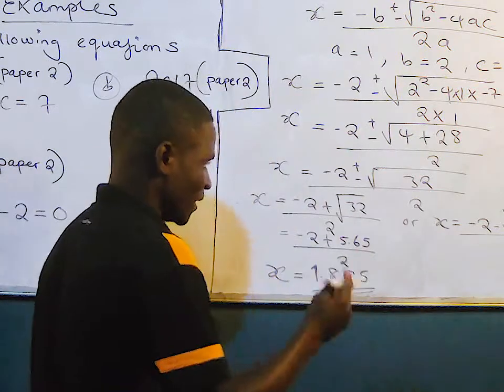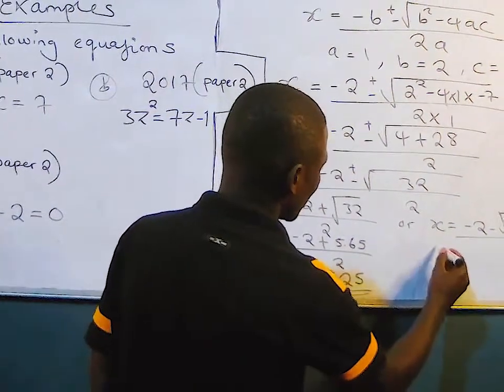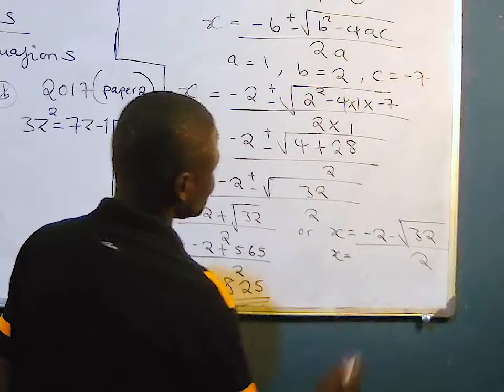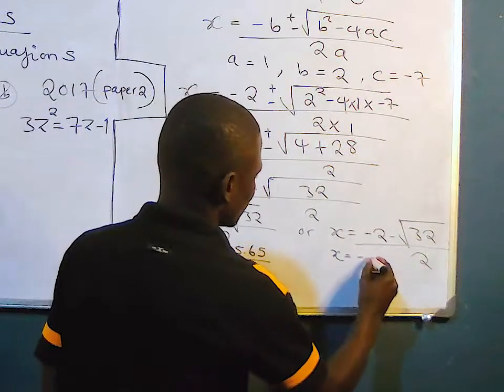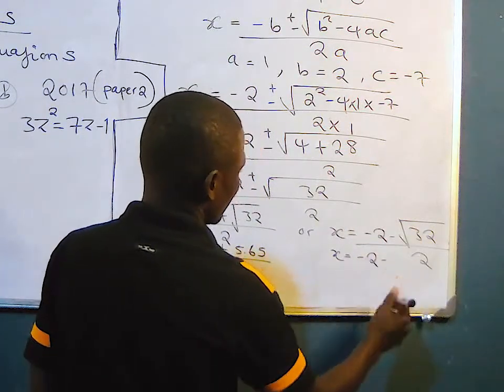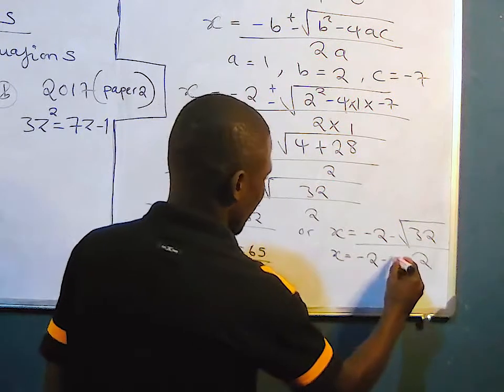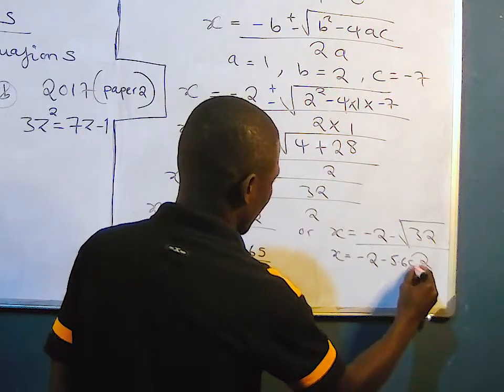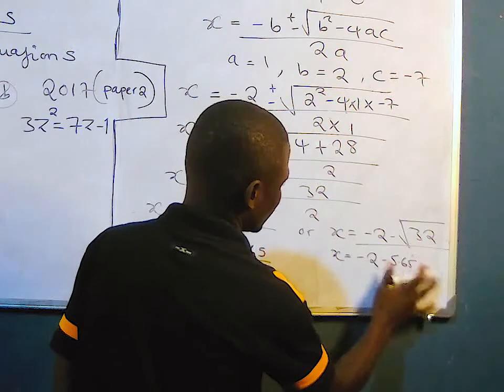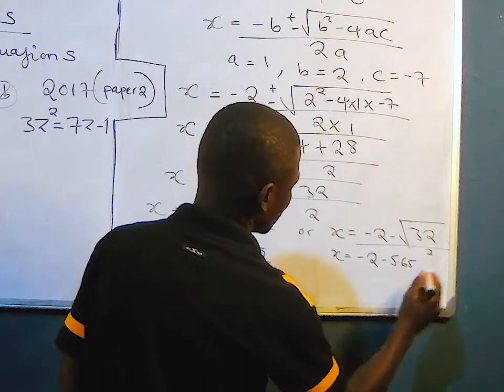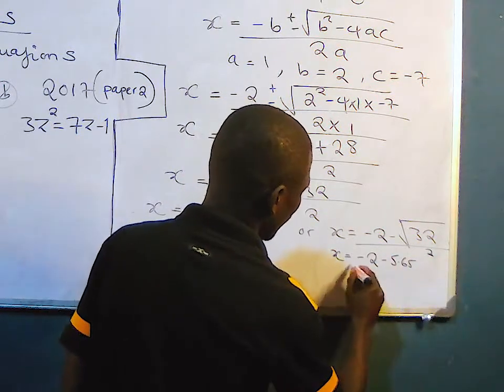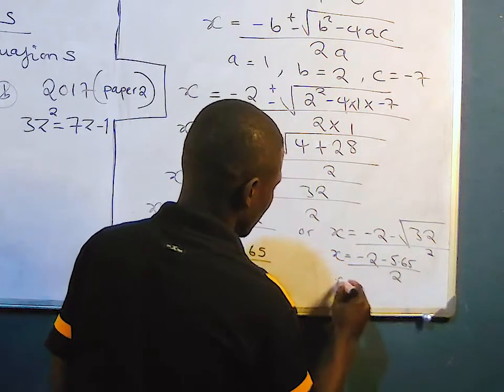So here again we continue the same. x is equal to negative 2 minus the root, which is 5.65 over 2.